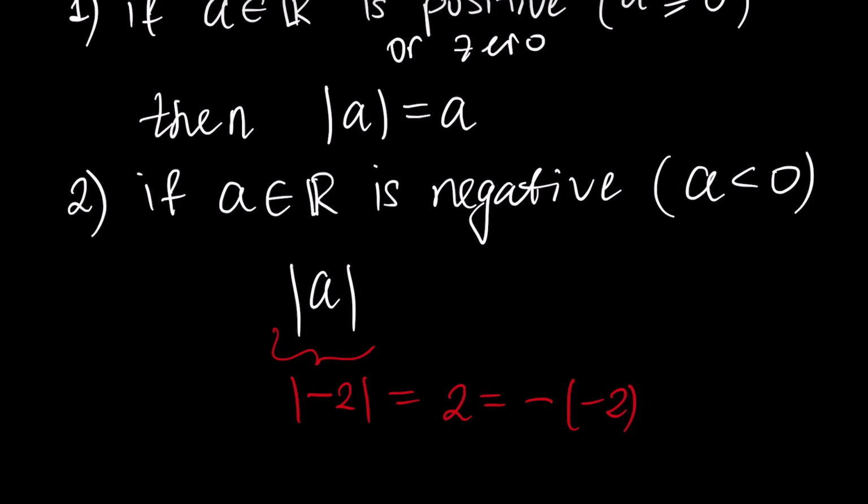Another example: the absolute value of minus 4 is 4. We just put minus 4 instead of A, and in this case minus A will be minus minus 4, which is 4.